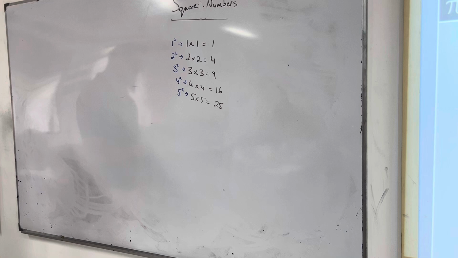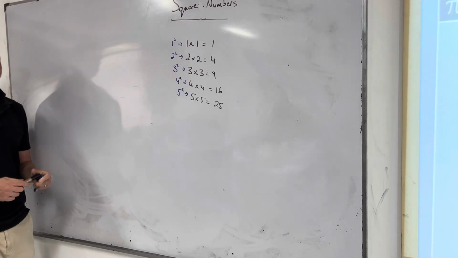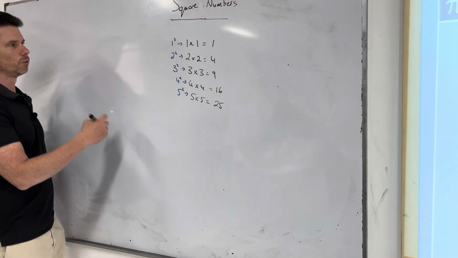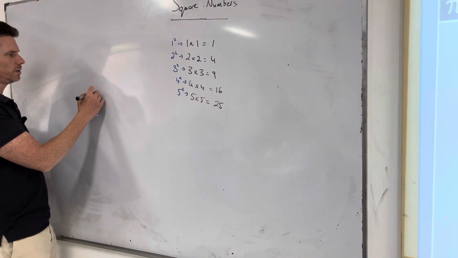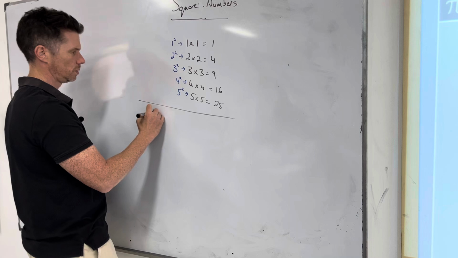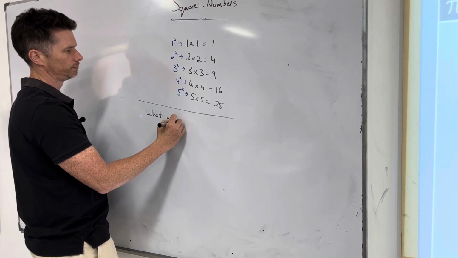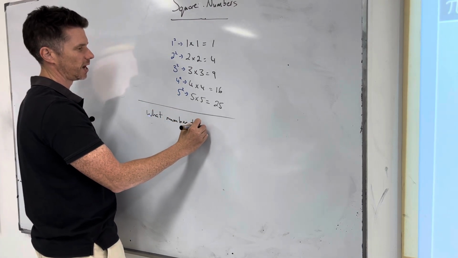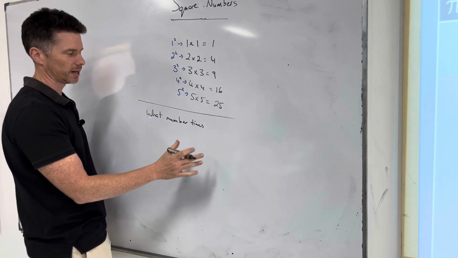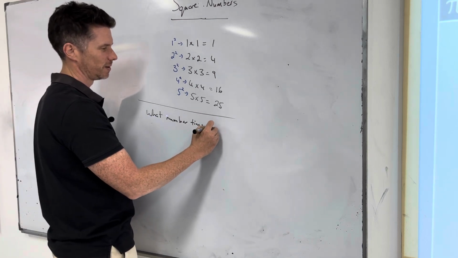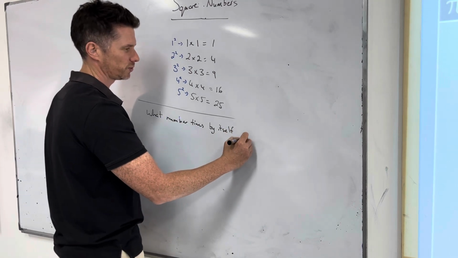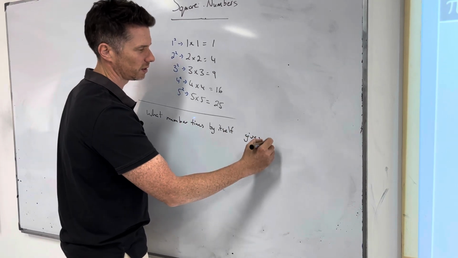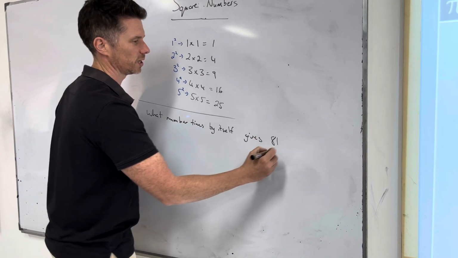What happens if I want to work backwards? And I say, what number times, that's bad maths language anyway, by itself, we'll just live with it, times by itself gives, what number times by itself gives 81?